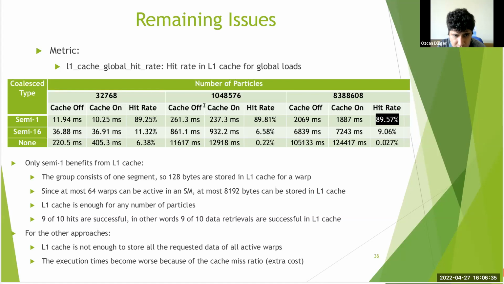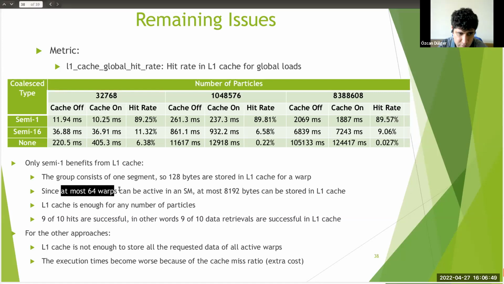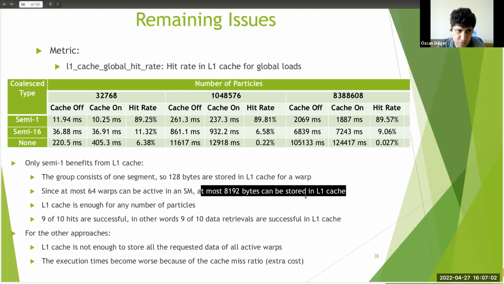So 128 bytes are stored in L1 cache for a warp. And we have at most 64 warps in an SM at a time. Since at most 64 warps can be active in an SM, at most 8,192 bytes can be stored in L1 cache for the first approach, the fully coalesced access.